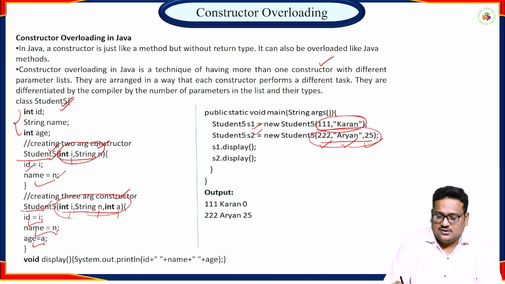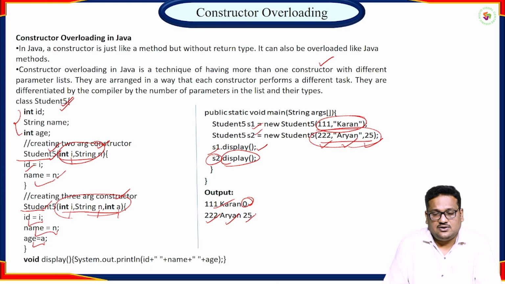When we invoke the display method, S1 will give us these two values, and 0 is the default value. And when we invoke display with the S2 object, it will give us the three values. The first one is 222, this is Rn, and the third one is 25.